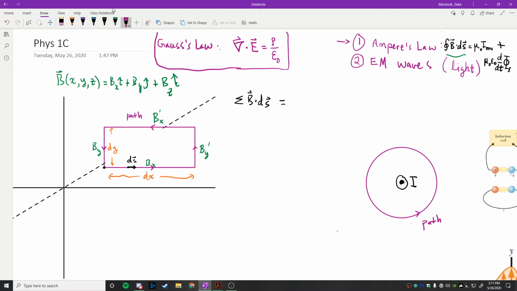So around this path, I can break up my path into a bunch of tiny little elements: ds this way, and then another ds this way, and then another ds right here, and right here. I'm being really repetitive here because I want you to pick up on exactly what we're doing. This entire path can be composed of a bunch of tiny line elements.